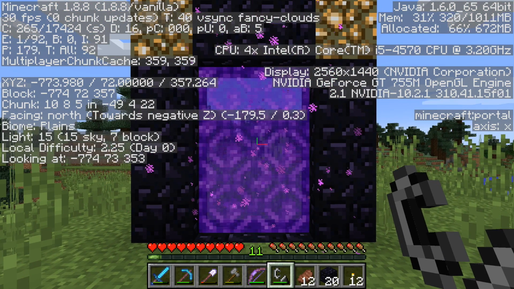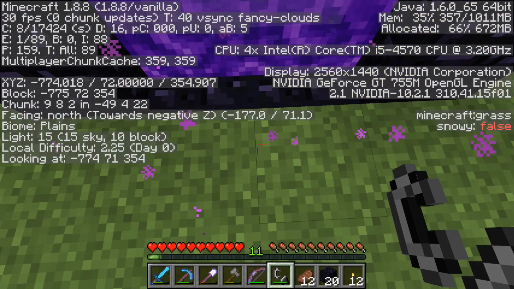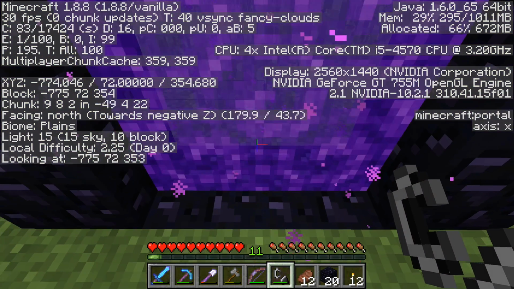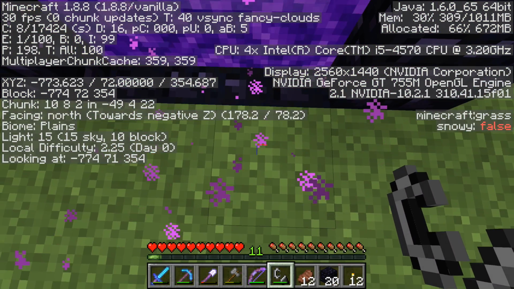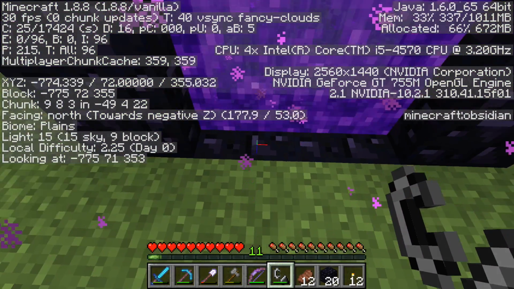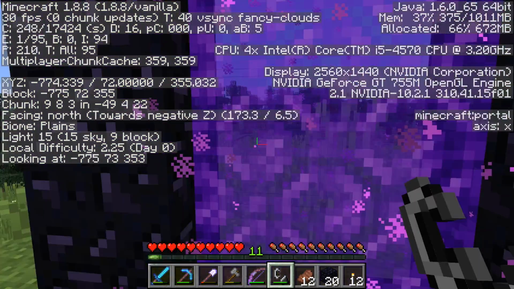Basically, I'm going to start by showing you what the problem is. So right now we're over here, and I can't really stay in here for too long before going away into the nether, but you can see these two blocks here. We are at negative 774 and negative 773, those two blocks where the base of the portal is. That's what I'm going to be basing these calculations on.